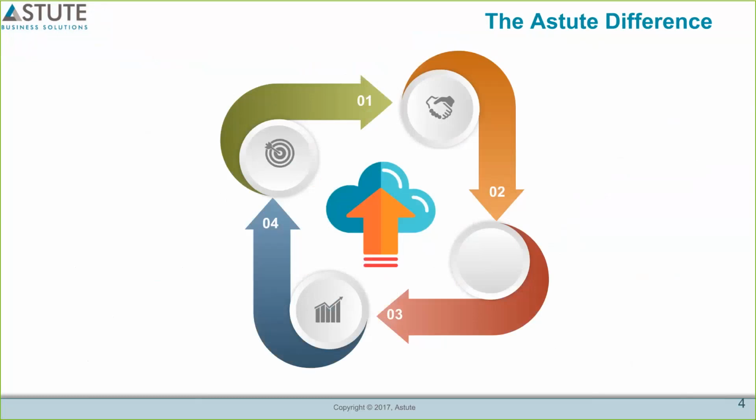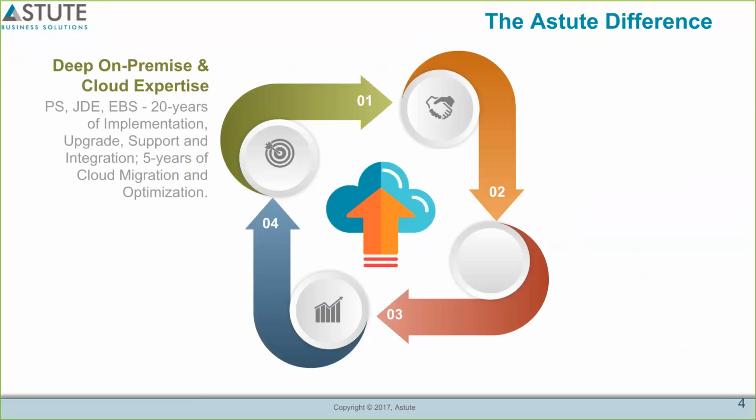Right? So now why Astute? Why not anybody else? Good question, and here is our answer for that. We have many, many years of deep expertise in on-prem applications, Oracle PeopleSoft, JD Edwards, EBS, and so on. And combined with that, 5 years of cloud infrastructure and platform experience. We started our journey with AWS, and now for the last 2 years, we have been working on Oracle Cloud as well.